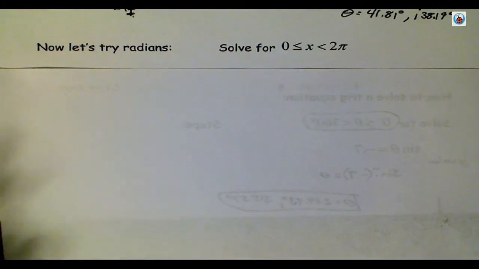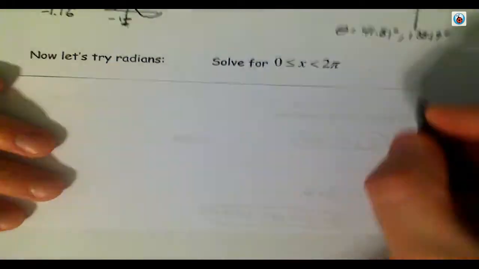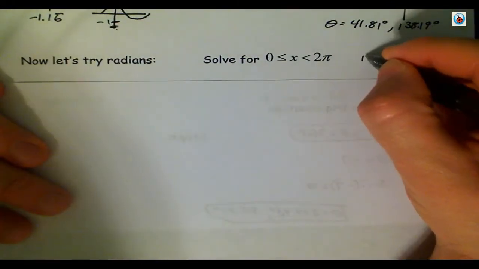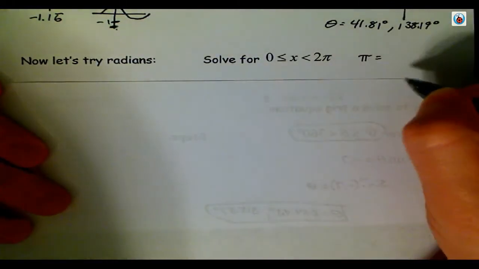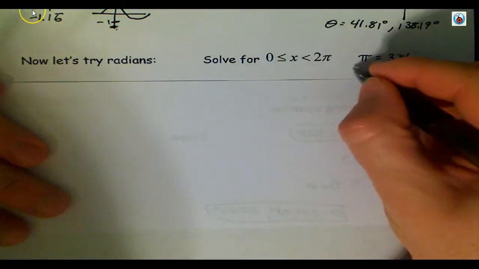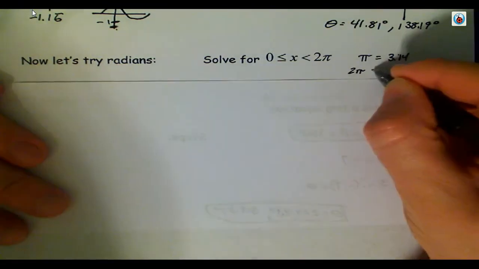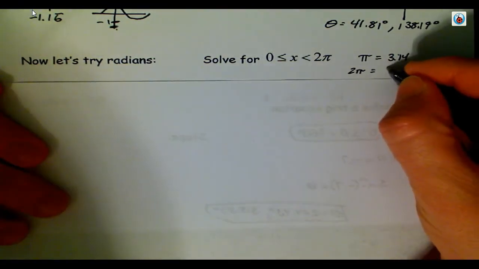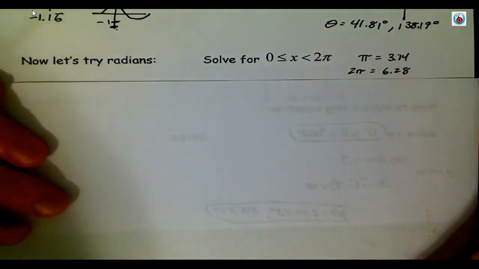Okay, so that's degrees. Let's do this in radians now. Hit your mode key and switch to radians. Two important radians to know because we're actually using values. Pi, we're going to be using 3.14, so that means 2 pi is 6.28.